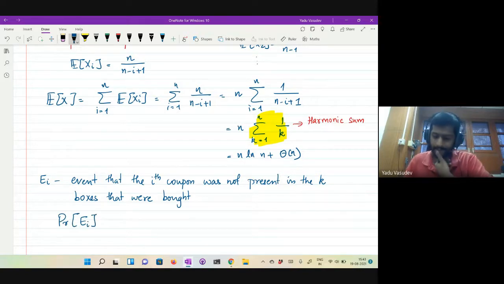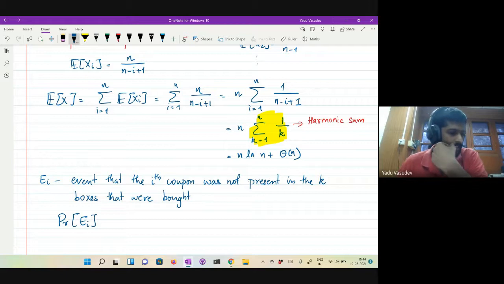What is the probability of E_i? Right, you buy k boxes and you want to know what is the probability that the ith coupon was not present in any of these boxes. What is this probability? Yeah, (1 minus 1 over n) to the k, right?